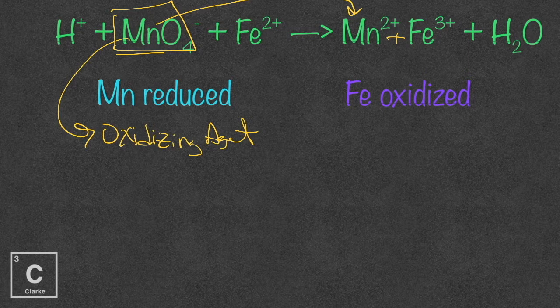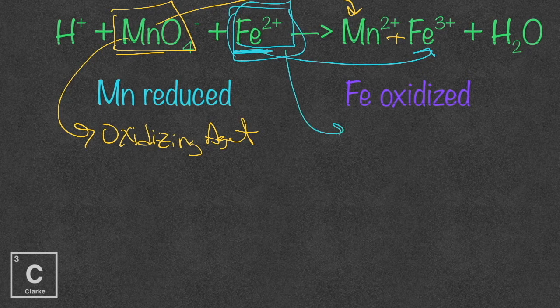And since iron is being oxidized, this iron is losing an electron, the reactant portion would be considered the reducing agent. So whatever's being oxidized, what it started from is called the reducing agent. Whatever is being reduced, whatever it started as, is its oxidizing agent.